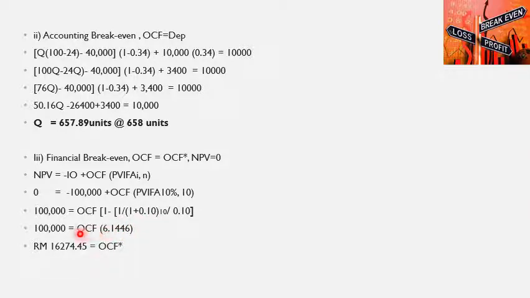Then you divide 100,000 by it, and you get 16,274 ringgit 45 cent. That is OCF star.